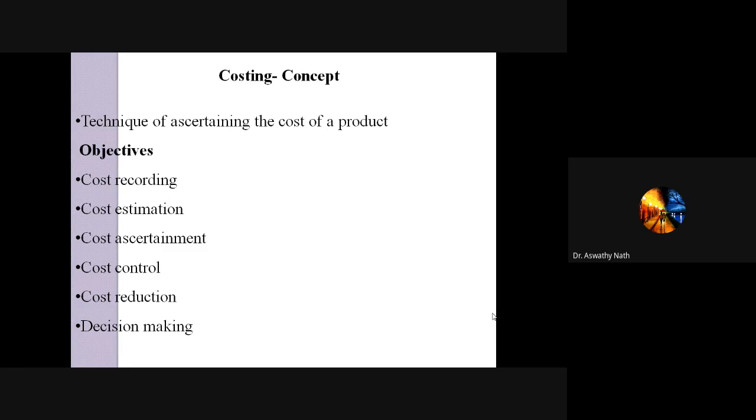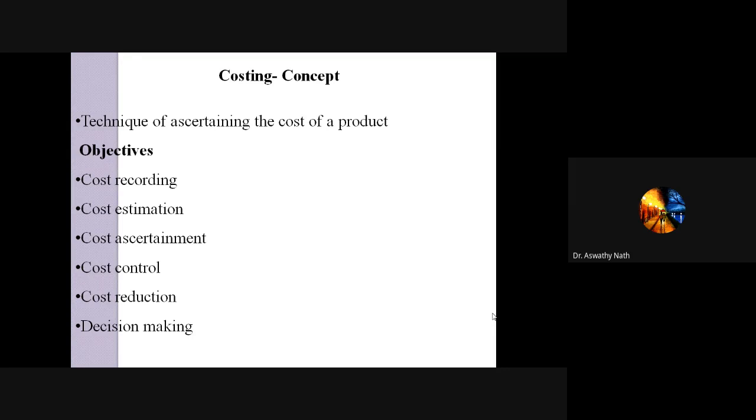So we know the management requirements are different, right? Sometimes financial accounting fails to provide answers to all questions raised by the management. So in those cases, regarding cost control or expenses, cost accounting can provide a solution for the problems raised by the management.